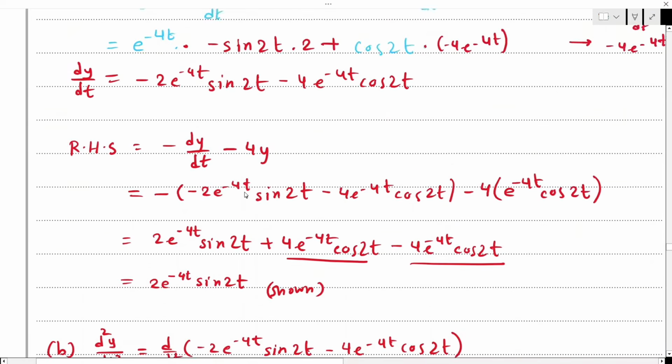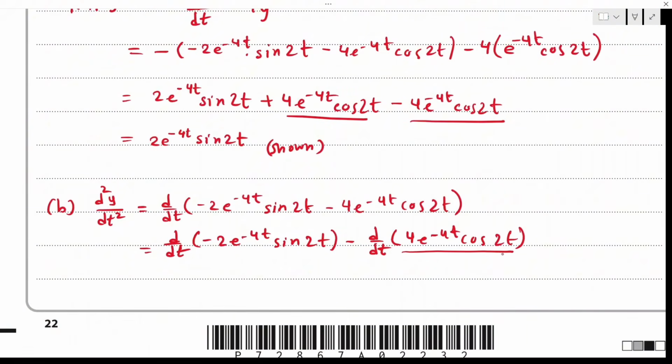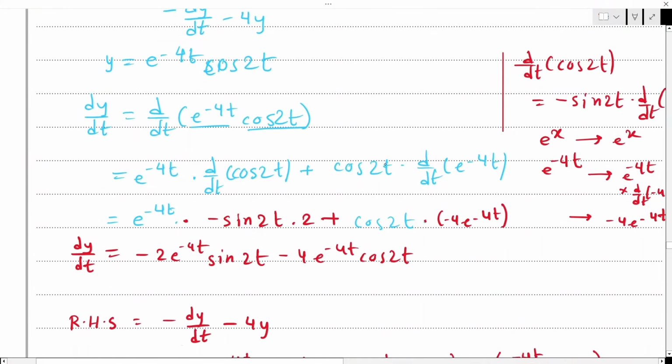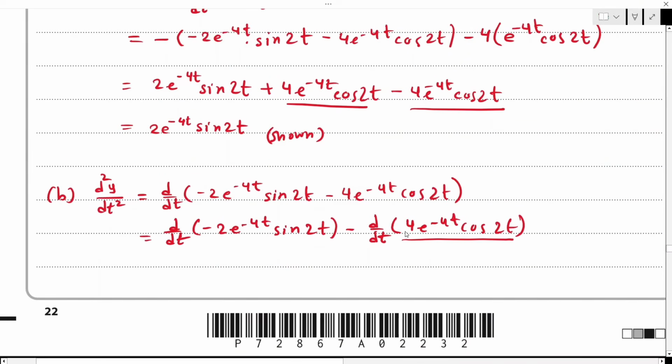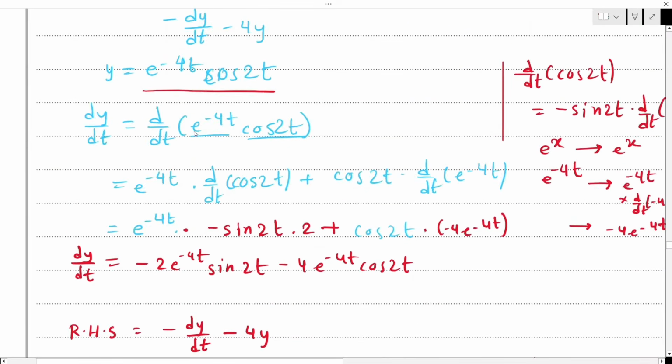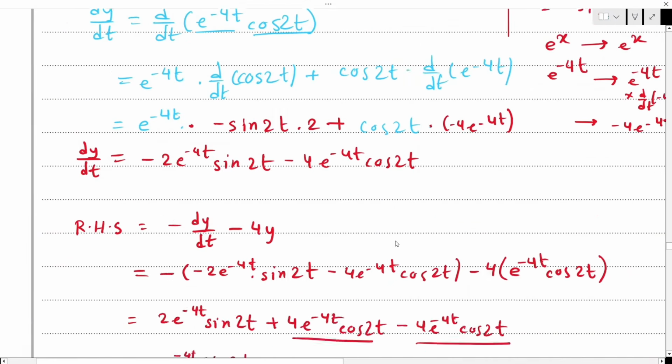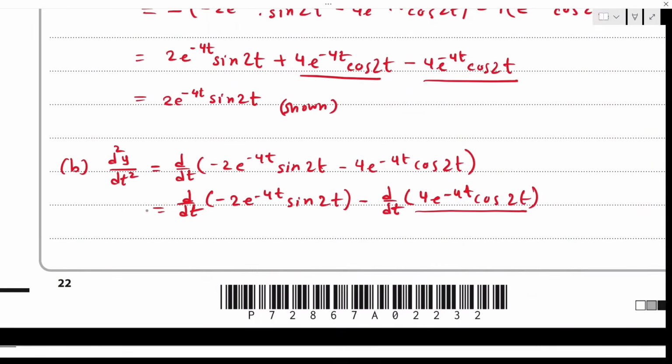Notice that we already know the differentiation for this term. We've already differentiated our y. This term is just 4 times y. So we can use the differentiation from our part A to write down the differentiation for this term. Before that, I need to find the differentiation for this term, so we have to apply the product rule. Using the product rule, we take the first term and multiply it by the differentiation of the second term, d/dt of sine 2t.